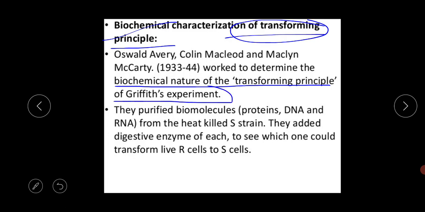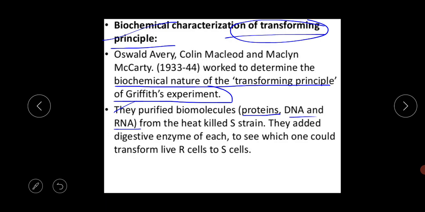From 1933 to 1944, they worked to determine the biochemical nature of the transforming principle of the Griffith experiment. They took 11 years and tested the fractions of the heat-killed cells for transforming ability. They purified the biochemicals from the heat-killed S strain and got protein, DNA and RNA.